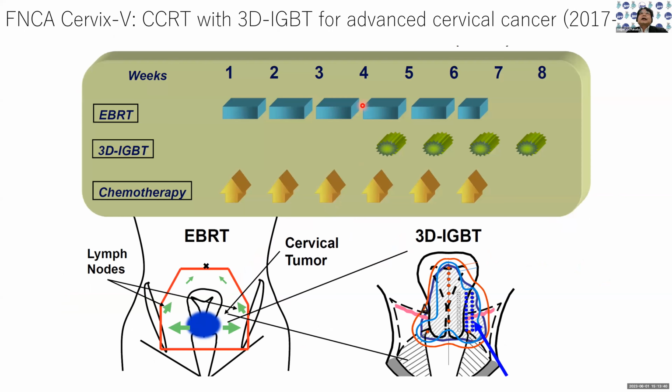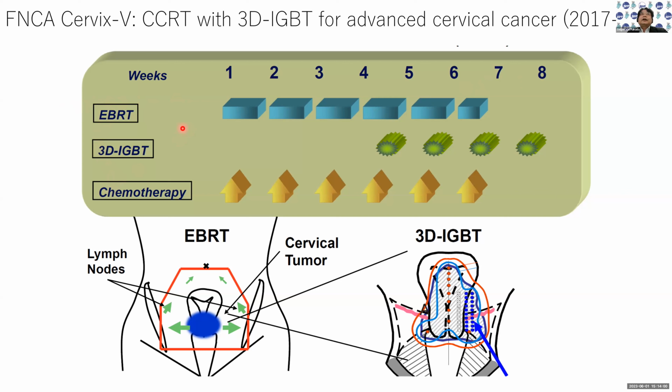This shows the Cervix 5 protocol. The period of treatment is 8 weeks, a combination of EBRT and 3D IGBT with chemotherapy.